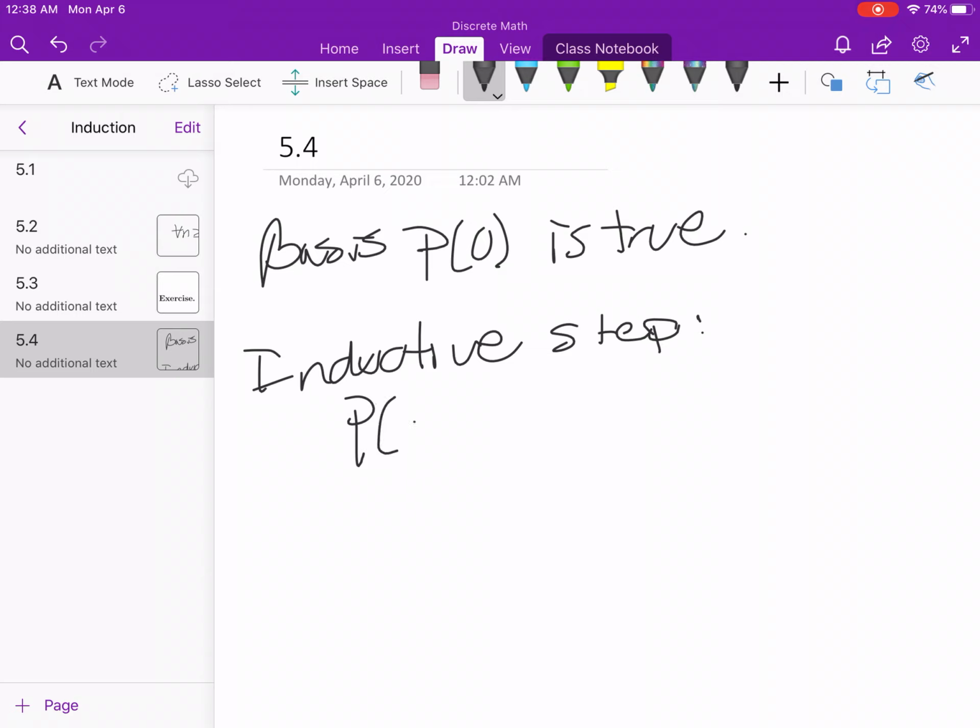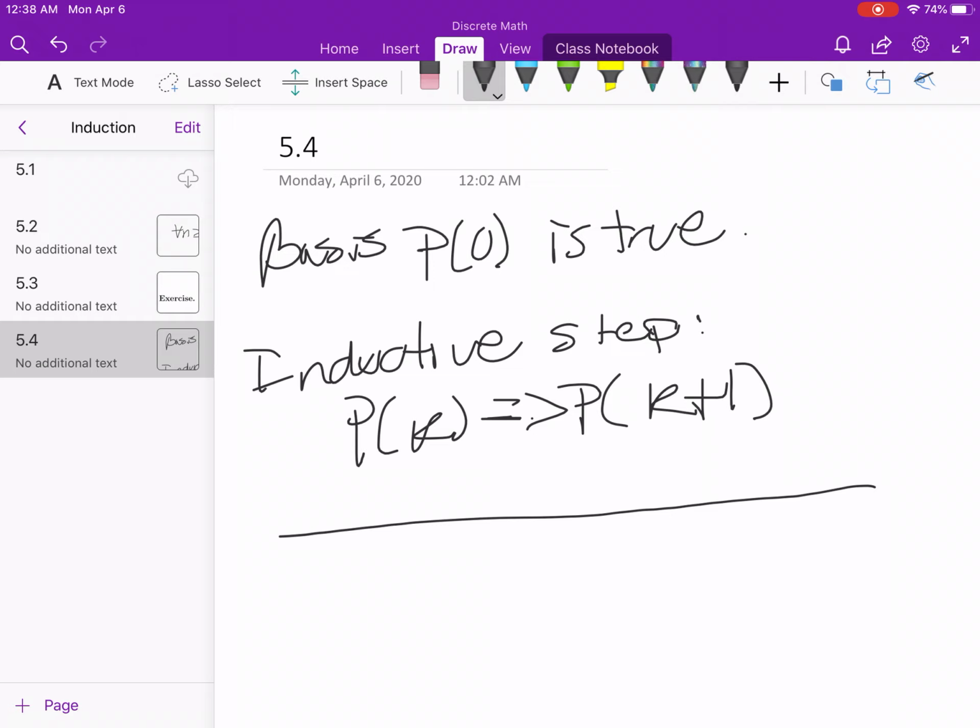We have if P of K. Now, what are we going to do now?